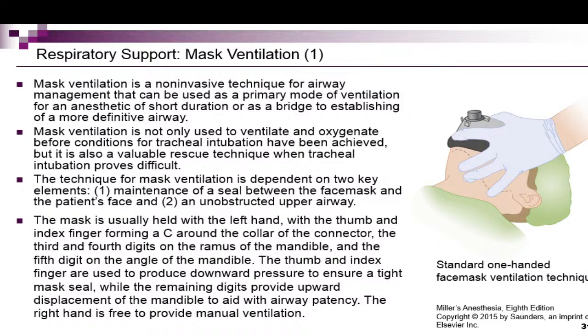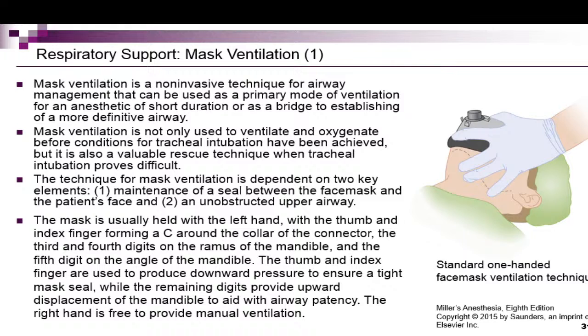The mask is usually held with the left hand. This is a one-handed technique, with the thumb and index finger forming a C around the collar of the connector. The third and fourth digits are on the ramus of the mandible, and the fifth digit on the angle of the mandible.